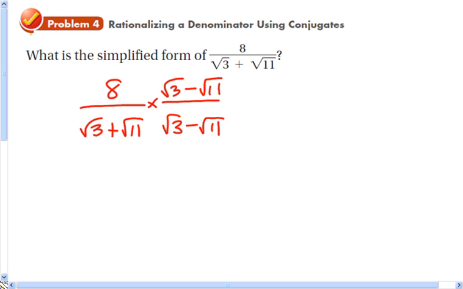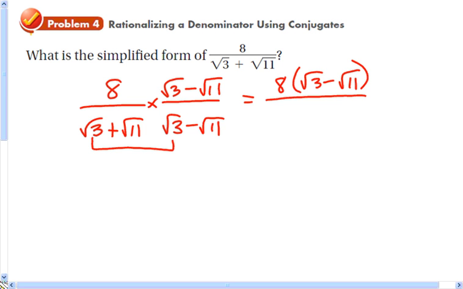And when I multiply the top by that, I get 8 times the quantity square root of 3 minus square root of 11. And on the bottom, check this out. We're going to do the first two. Square root of 3 times square root of 3 is 3. Then when we do the outers, we get negative square root of 3 times square root of 11, which is negative square root of 33.